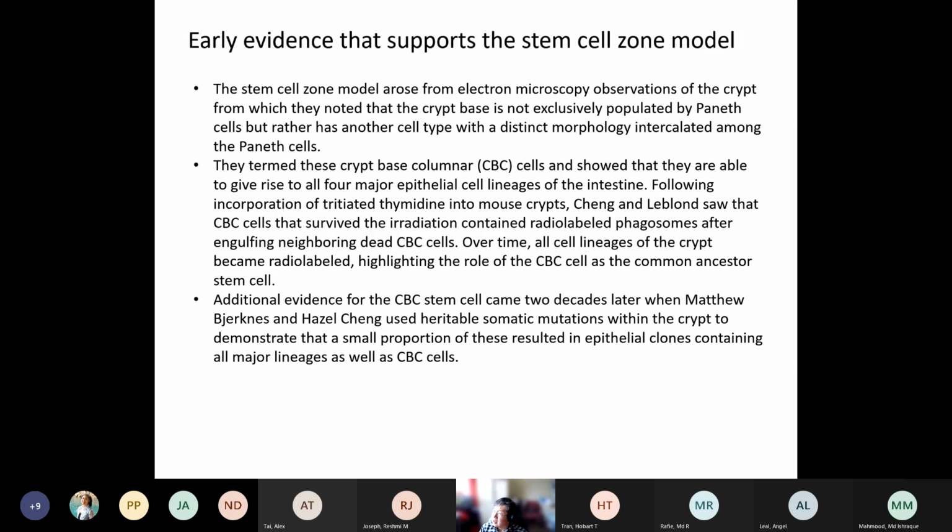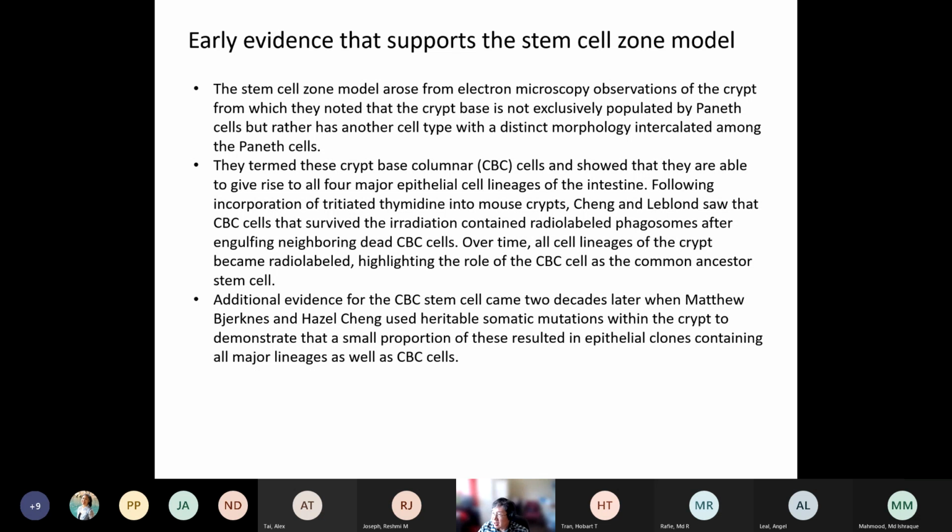And then in another experiment, what they observed is when they put tritiated thymidine into the crypt. The tritiated thymidine is an isotope. It's 3H thymidine. When they incorporate that isotope into the base of the crypt, they kill a lot of cells because it's kind of irradiation there.